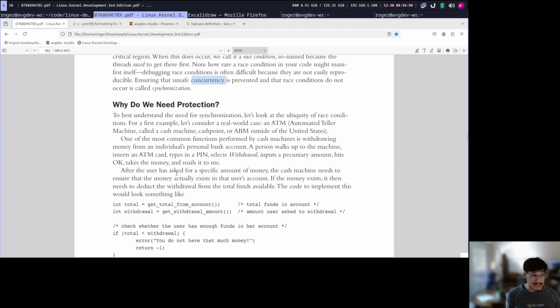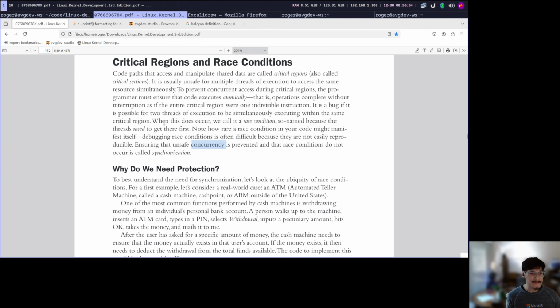Okay, so I want to talk more about this critical region.